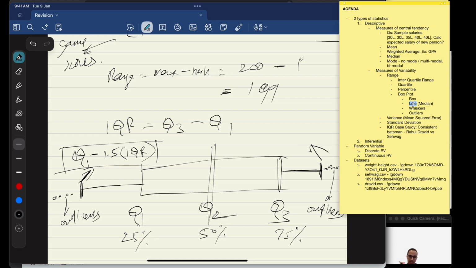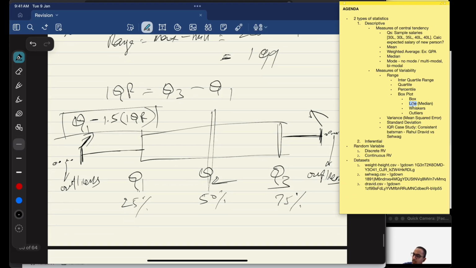What is that 30? These are just some standard values that we use. Statisticians came up with them after a lot of experimentation. Everybody decided that these are the standard numbers.